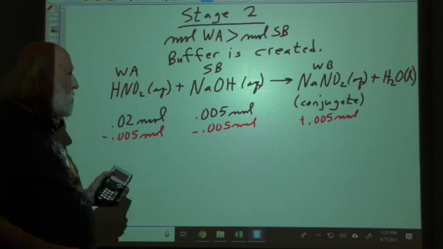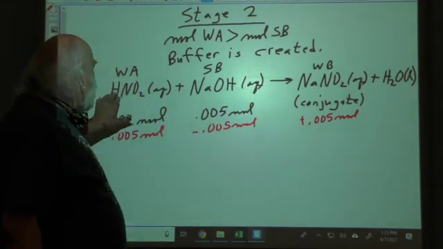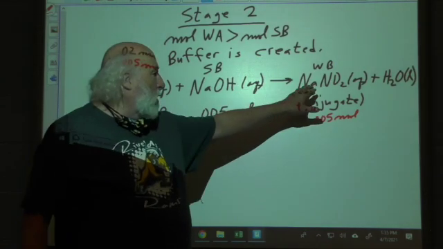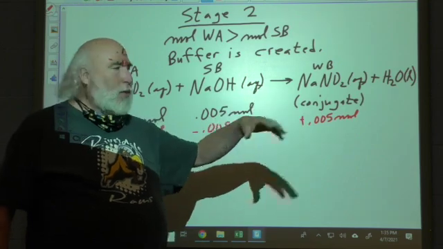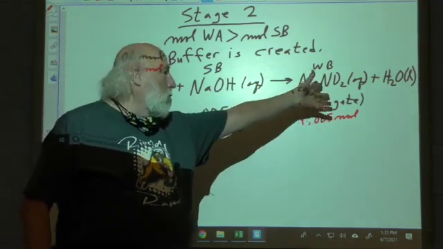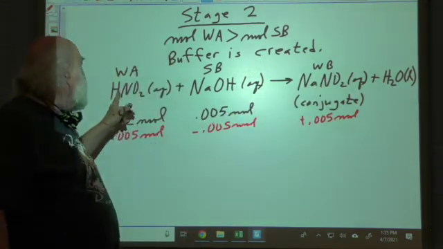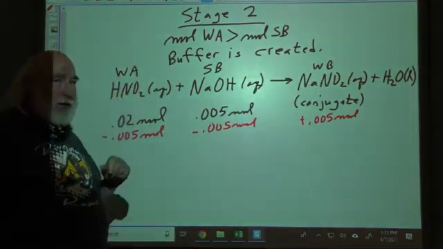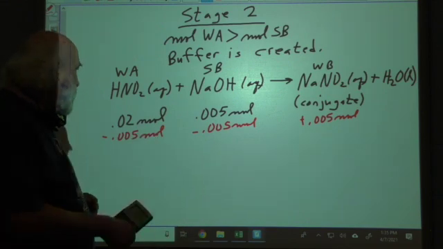Now, how do we know they're conjugates? Because these are virtually the same compound, except you have a hydrogen on here and you don't here. In fact, this sodium, when dissolved in water, because sodium is a group 1 metal, doesn't stay with it. And we're really only looking at the NO2 negative ion. So the difference between these two is the lack of the proton or the hydrogen here, as defined by either Bronsted-Lowry or Arrhenius.